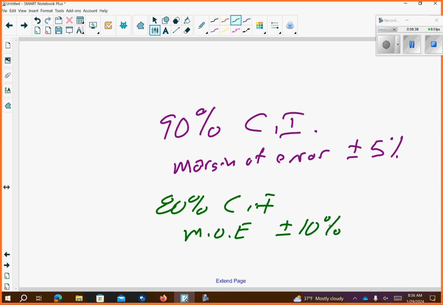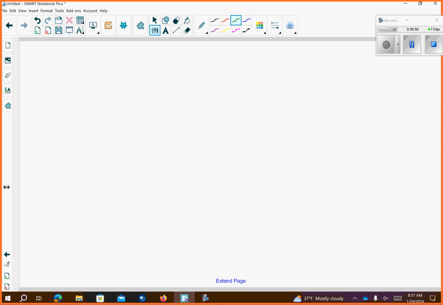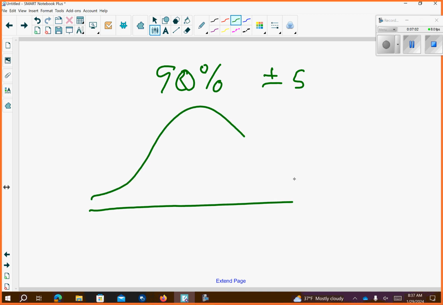Okay, so let's start unpacking this a little bit. What this basically means is if I took that 90% confidence interval and I was at plus or minus 5, think about your normal curve being this.